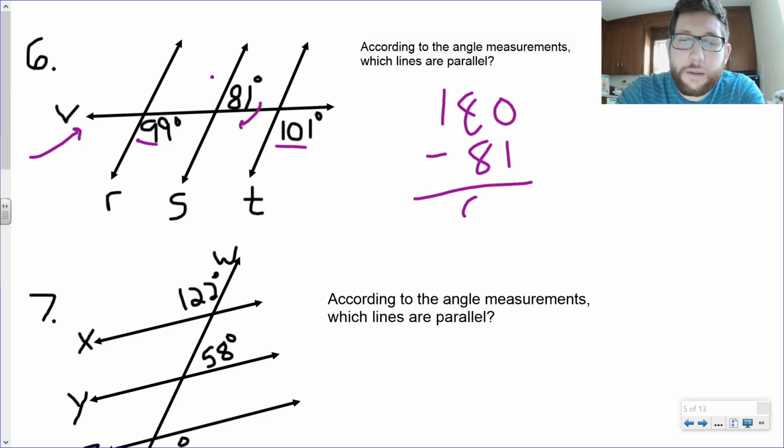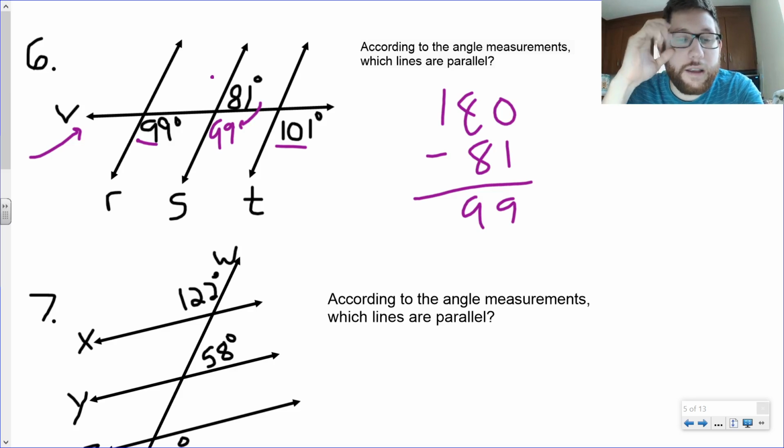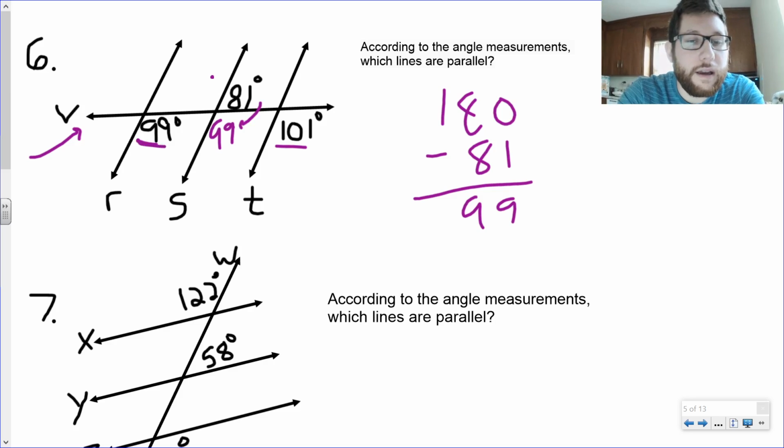All right, and I end up with 99. So if I have matching angles in the same spot, just kind of like before, then I know that we're in business here. And take a look, 99, 99, 101. Which two are parallel? Well, R, we're going to use our parallel sign, is parallel to S. Okay, does that make a little bit of sense?